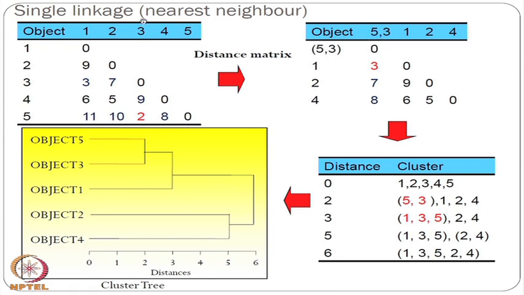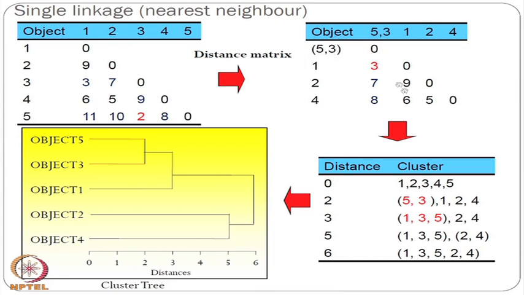What we have done, you deleted this column as well as this row, and you added one row and one column here. That means 3 and 5, this 2 will be deleted and one more will be added here.